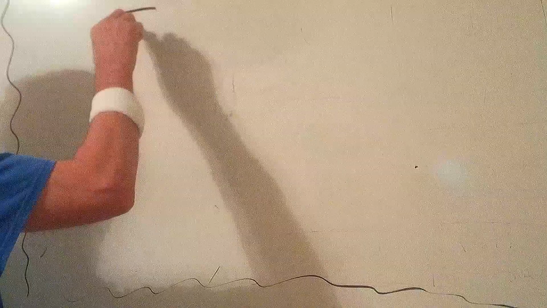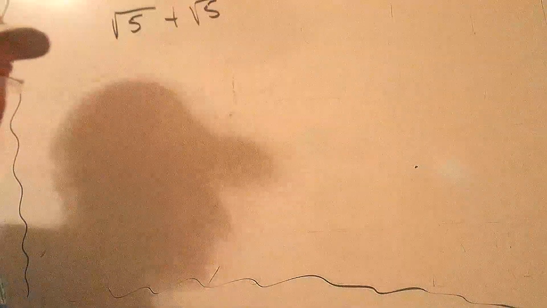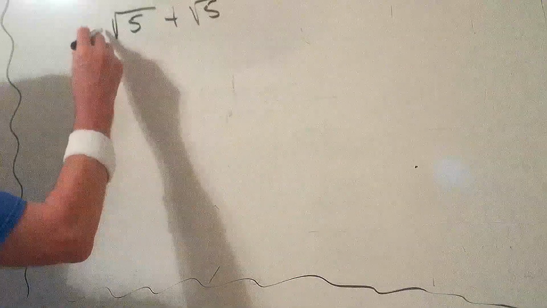Okay, if we're going to add and subtract radical expressions. Now what's a radical expression? If we have the square root of 5 plus the square root of 5, what do we have in front here? What is the coefficient?